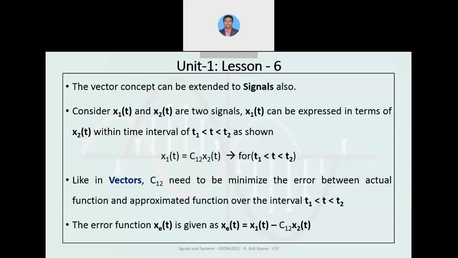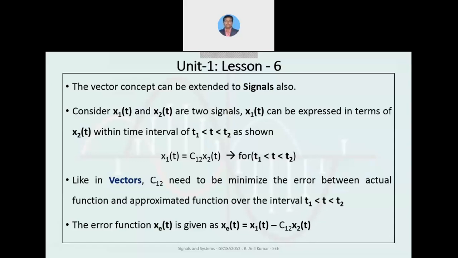The main concept we went through in vectors is that they are orthogonal, or mutually perpendicular, if c is minimized and the error vector v has less distance. Similarly in signals, we introduce an error signal represented as xe of t, and c12 is a constant magnitude between the two signals x1 of t and x2 of t.